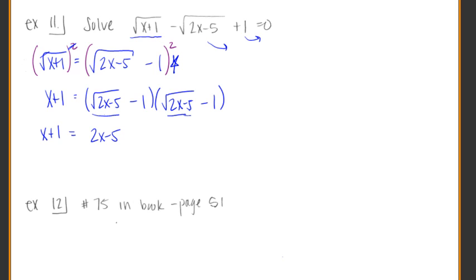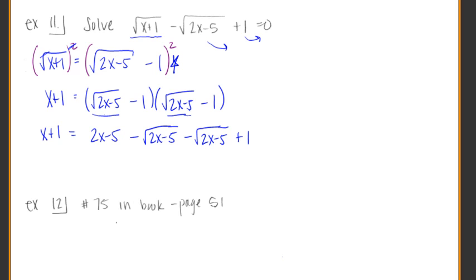The square root of 2x minus 5 times negative 1 is just a negative square root of 2x minus 5. Insides, again, will be a negative square root of 2x minus 5. And then last, a negative 1 times a negative 1 is a positive 1. Just like that.